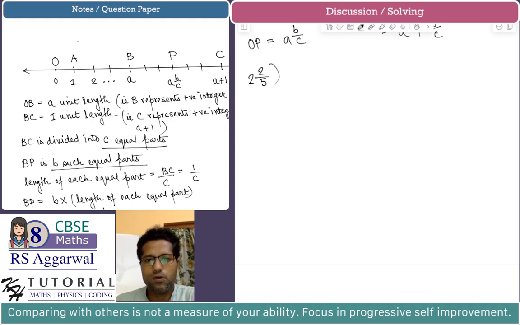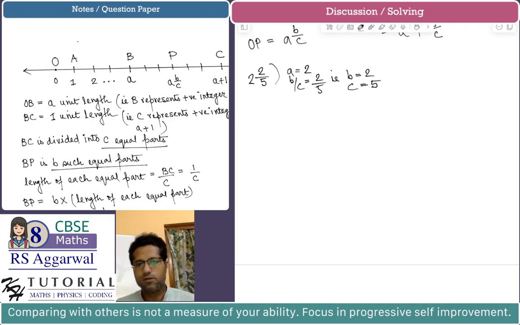How do we do it? Here, the whole part a is 2, and b by c is equal to 2 by 5. That is, b is equal to 2 and c is equal to 5.